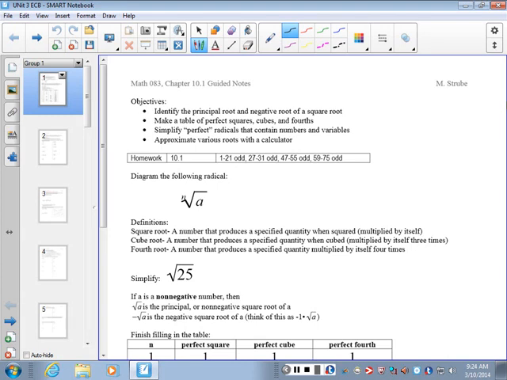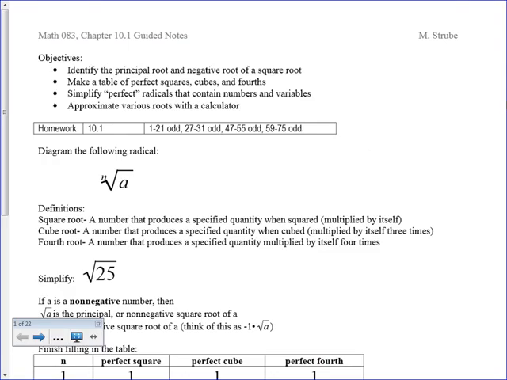So first thing we're going to talk about is a little bit of language. So this is what our radical looks like. The radical is kind of like that extended division sign with a little tail on it. The little number that we put in the crook is called our index number.